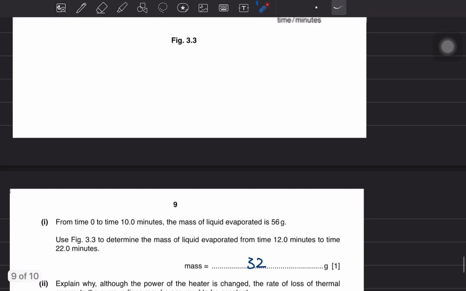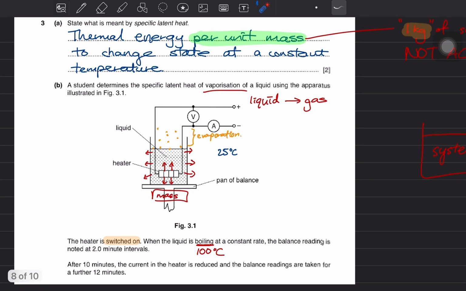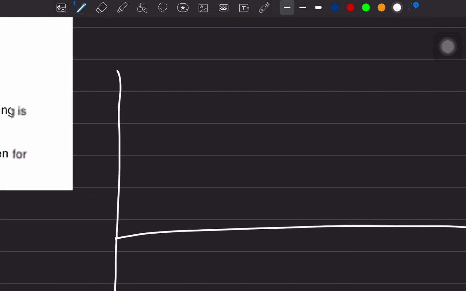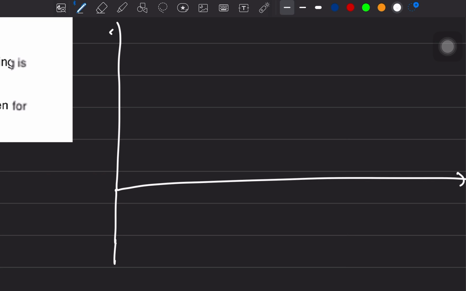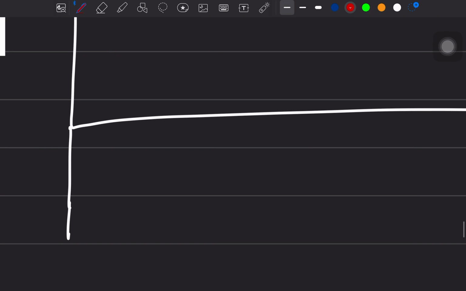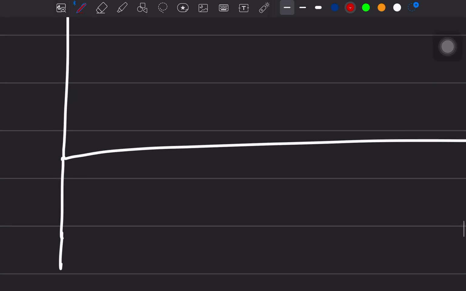But since if you go back to the start, we were talking about specific latent heat. If I draw a normal temperature change graph when the water changes state, we can see that this axis is temperature, this is time, and we have ice at negative something degrees Celsius.